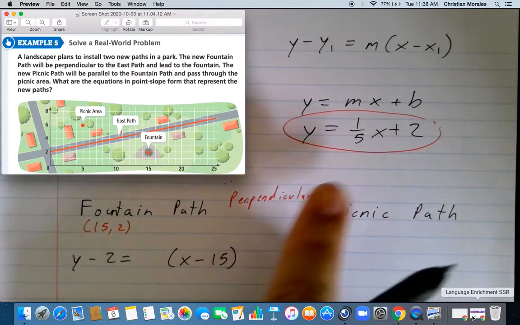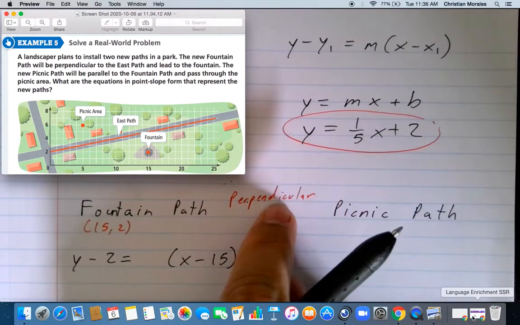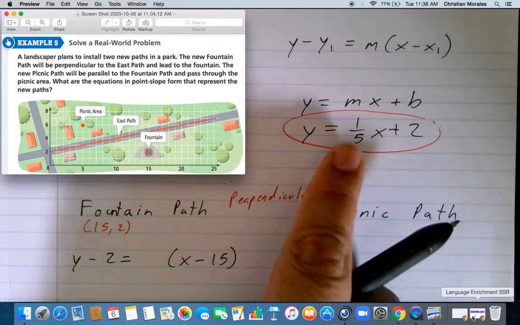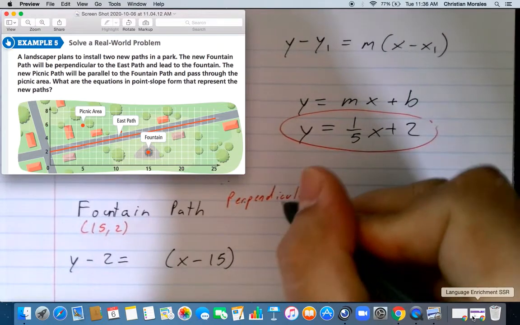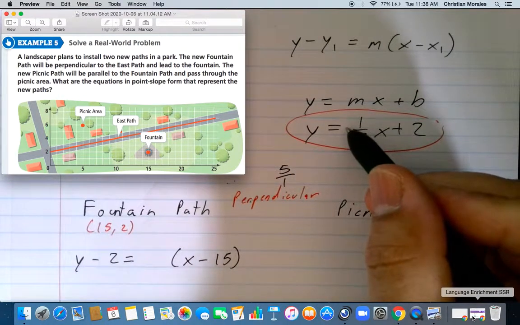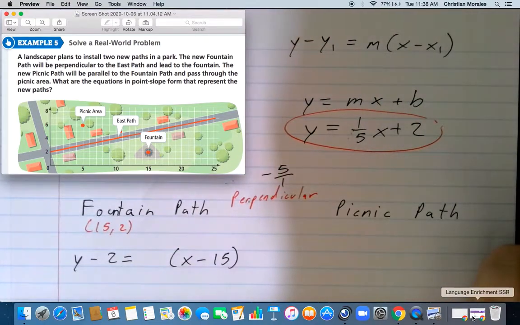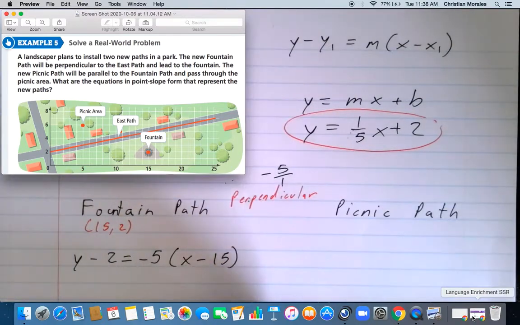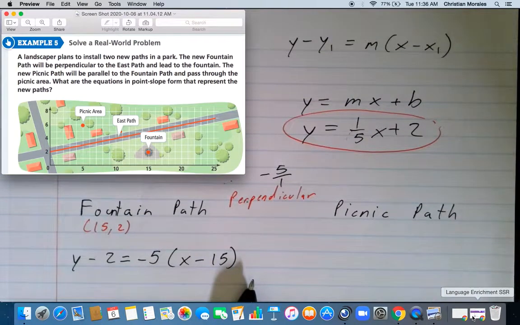If it's perpendicular to this, then what we're going to see is the opposite reciprocal. So the reciprocal would be 5/1, and instead of the opposite would be negative instead of positive. So that means my slope is -5. There we go. And guys, that's it. That's the equation in point slope form for the fountain path.